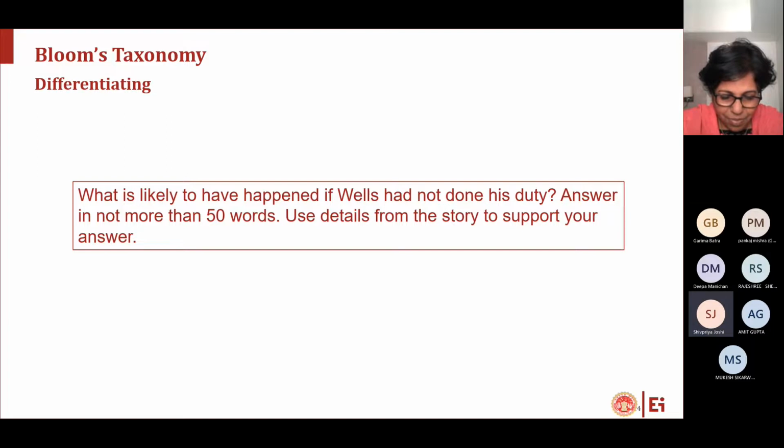Here we are just imagining a particular situation. So this question is not going to affect the whole plot of the story. I think that is why I said that it is at granular level.